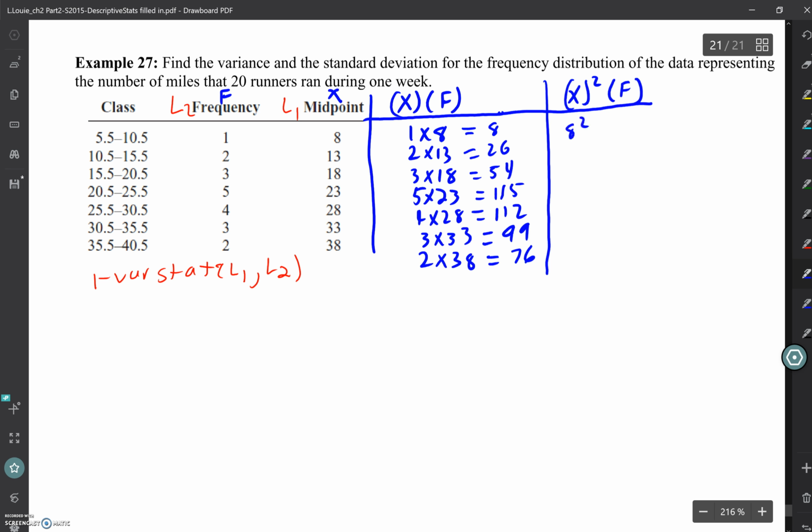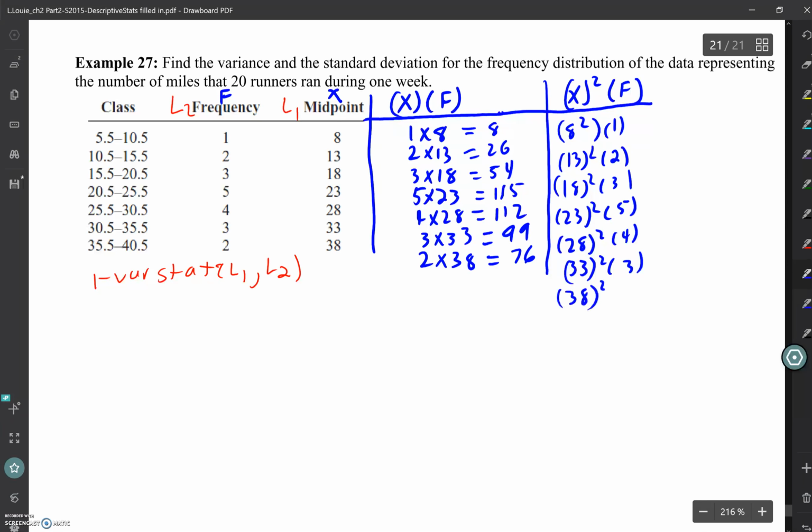So we're going to say 8 squared times 1, and 13 squared times 2, 18 squared times 3, 23 squared times 5, 28 squared times 4, 33 squared times 3, and lastly, 38 squared times 2.